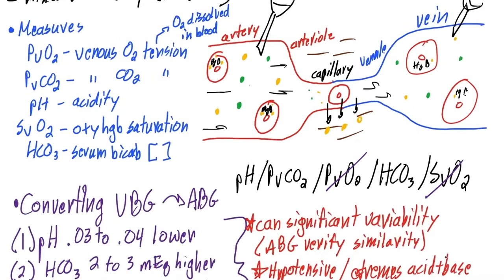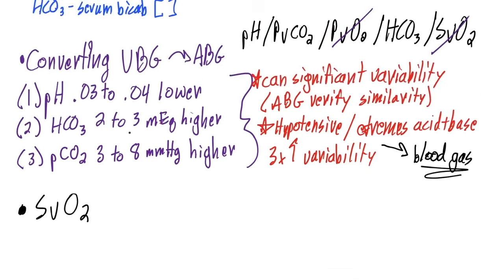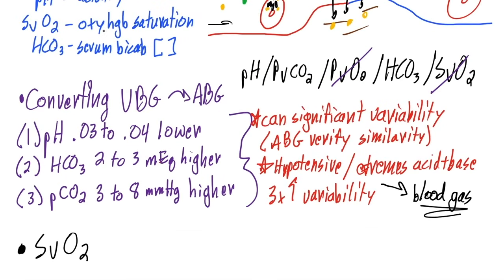Okay, I do just want to touch on, and this will probably be primarily another video, SVO2 and what that means, right? So the SVO2, as we talked about, is the oxyhemoglobin saturation. So how much oxygen is on hemoglobin.